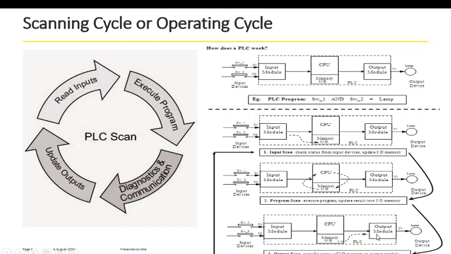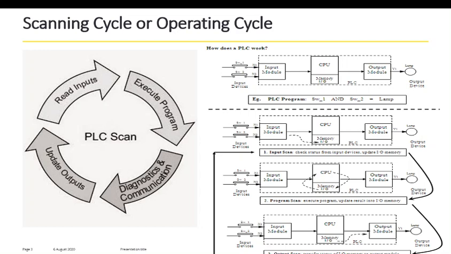These are the four stages involved in the scanning cycle: read input, execute program, diagnosis and communication, and the fourth one is the output update. One more thing about the scanning cycle is that the scanning cycle of a PLC depends on the capability of the CPU.